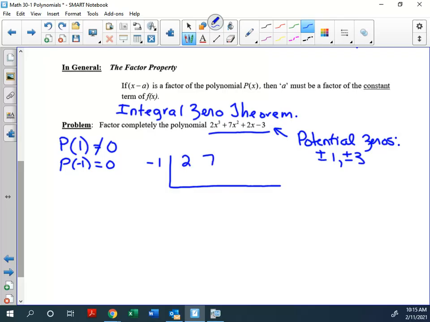Pull in your coefficients, drop, multiply, add. Multiply, add, multiply, add. And if you don't get a remainder of 0, you've done something wrong somewhere. Go check your work.